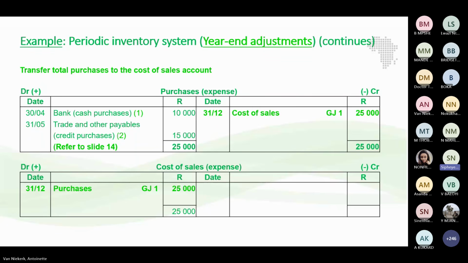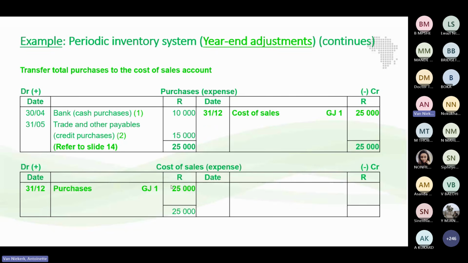Balance of 25,000 for purchases, or was that opening balance for cost of sales? No, this is going to be the opening balance of cost of sales, the 25,000 Rand.